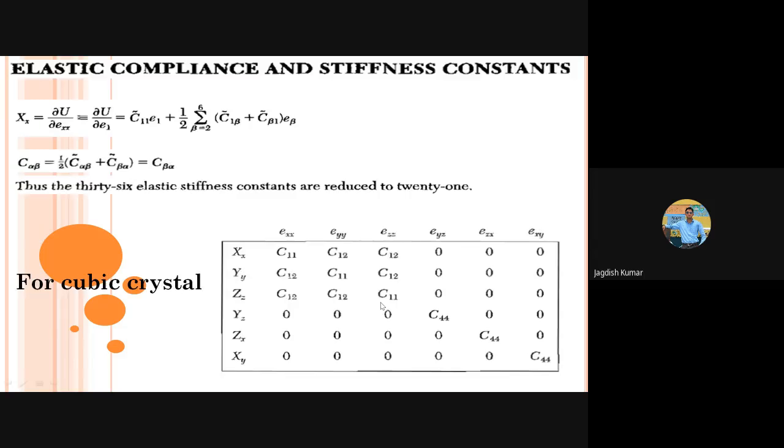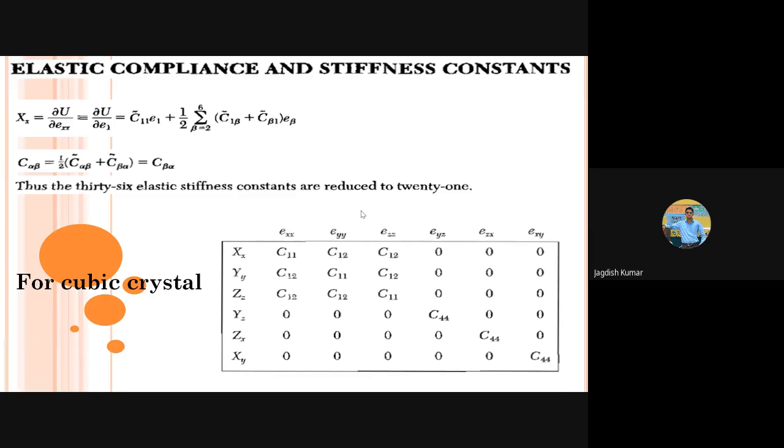We are using this set of elastic stiffness constants for a cubic crystal, and further we'll be discussing the application of these to derive some properties of simple cubic crystals. By now you may have got confused about what the use of doing this is, why we are doing this.